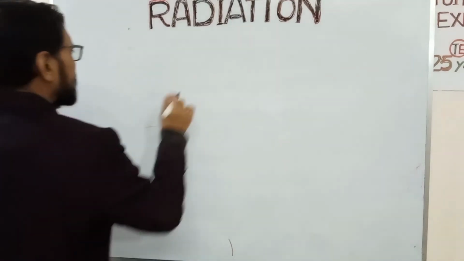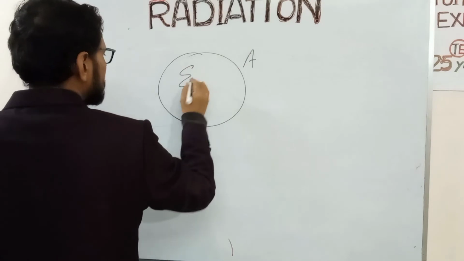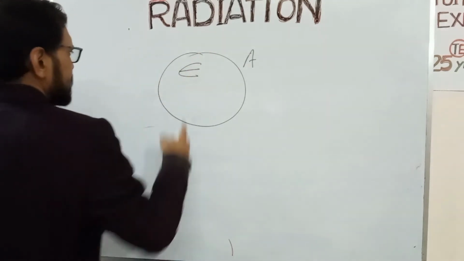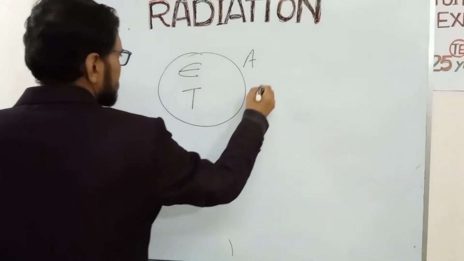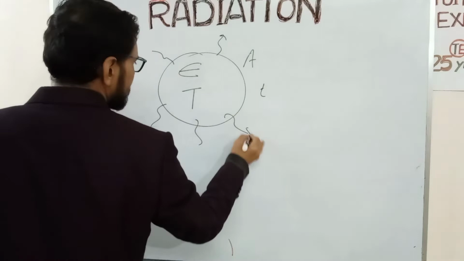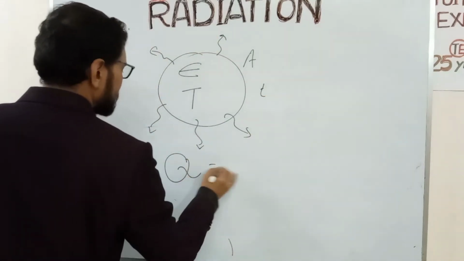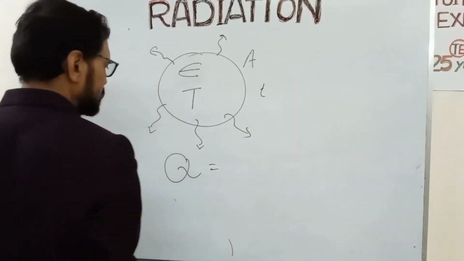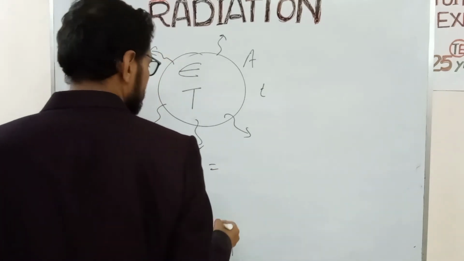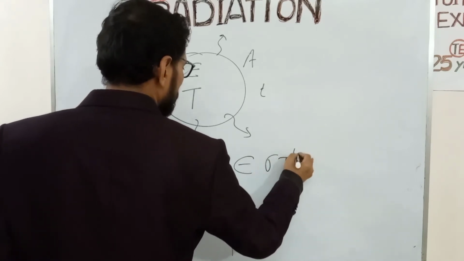So for a general body whose area is A, emissivity epsilon, temperature T, in t seconds, the total heat energy Q is given by epsilon sigma T to the power 4.